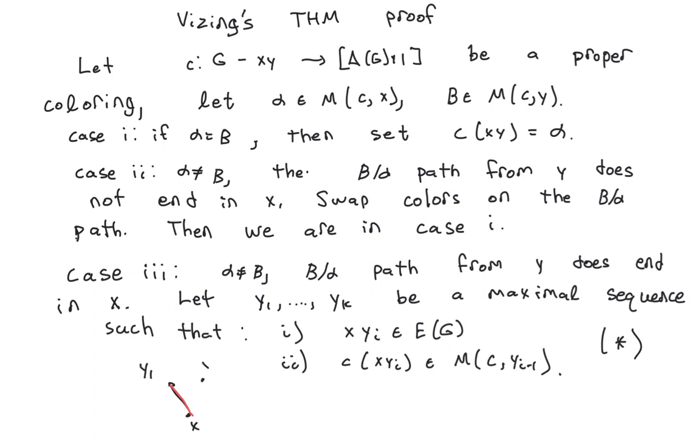If so, you call that y_2, and then you look at the color of y_2, and you ask, is that missing at any other vertex? If so, you call that y_3, and then you keep going. And for the rest of the argument, we're going to define y_0 to be the original y we started with.